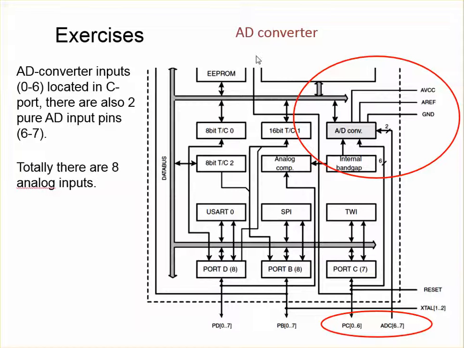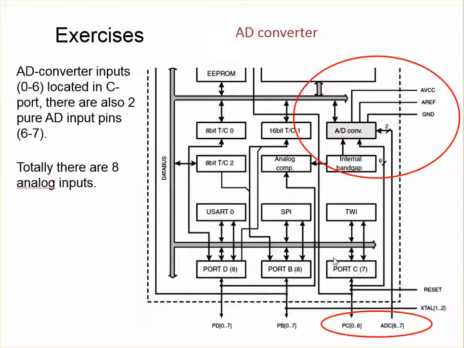If we look at the processor block diagram, we could find the AD converter here. And here is the C port that we were checking earlier. If you follow these lines here, it shows that these AD converter input signals go to the same port as the C port. So this means that these are shared.